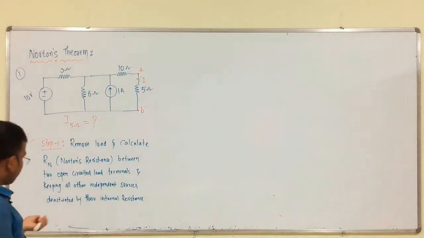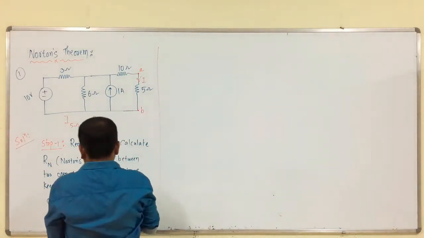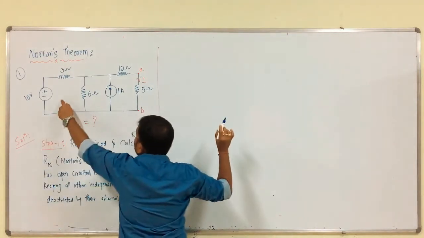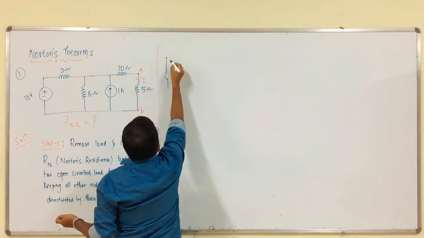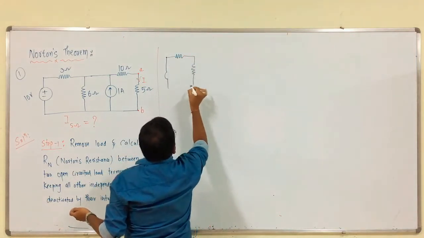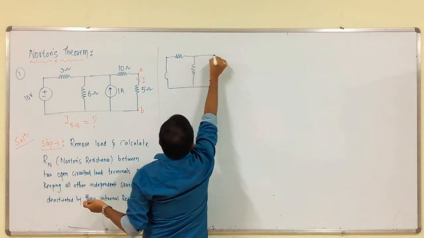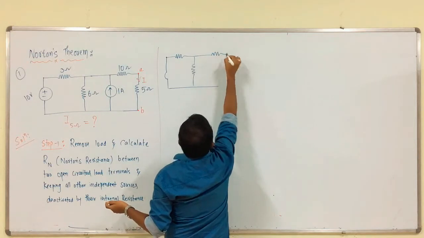That is it. Then the voltage source is shorted, then we have a branch, again we have a branch, then this current source is open circuited, simply we have this circuit, right.